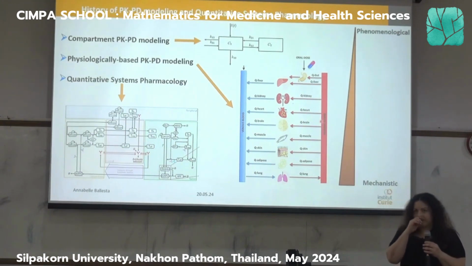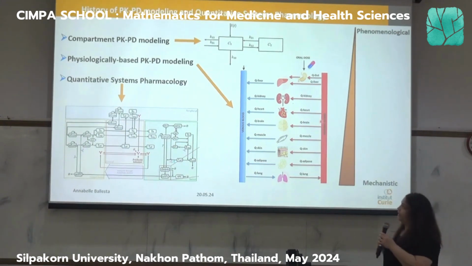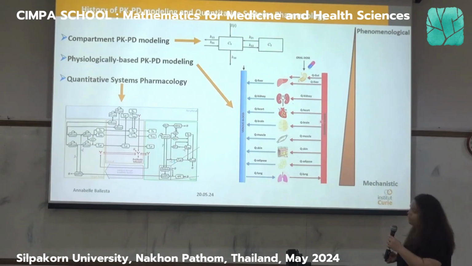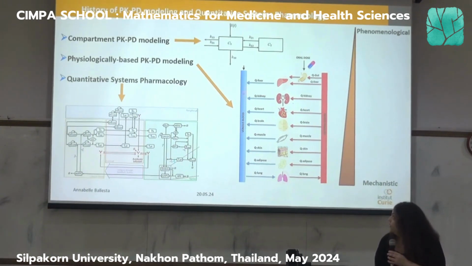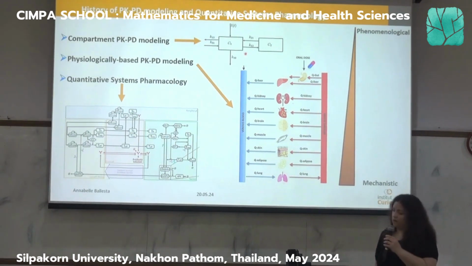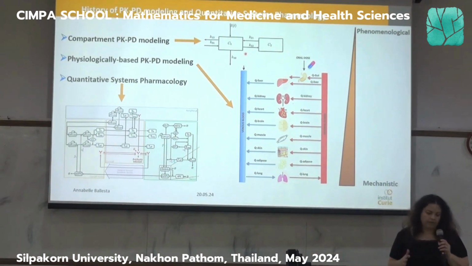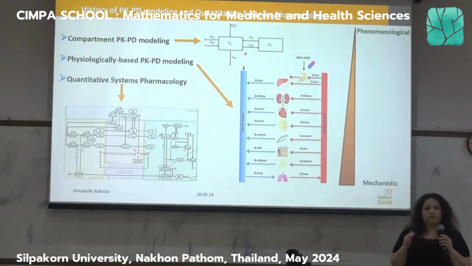So it all started with mathematical models, which were non-physiological, which are also called compartment models, and that's the first one here. When I say non-physiological, I basically mean that the compartments do not represent a physiological entity. So it doesn't represent an organ, it doesn't represent a cell, it doesn't represent a protein, nothing.